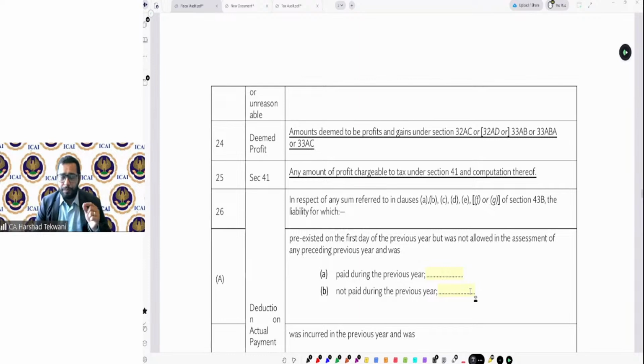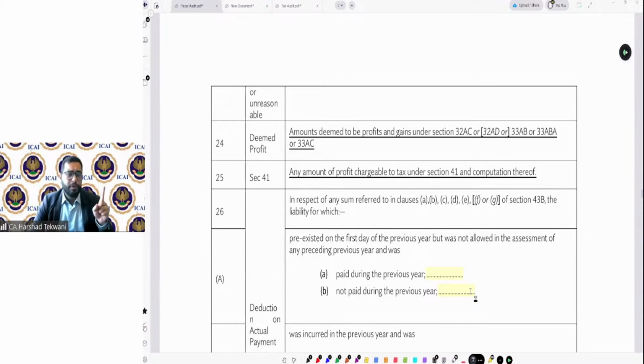and their relevant sections. If you want to read about any of the clauses in detail, there is also a guidance note issued by the Institute of Chartered Accountants of India. ICAI has issued a guidance note on tax audit under section 44AB, where they have explained each and every clause in detail, with examples.